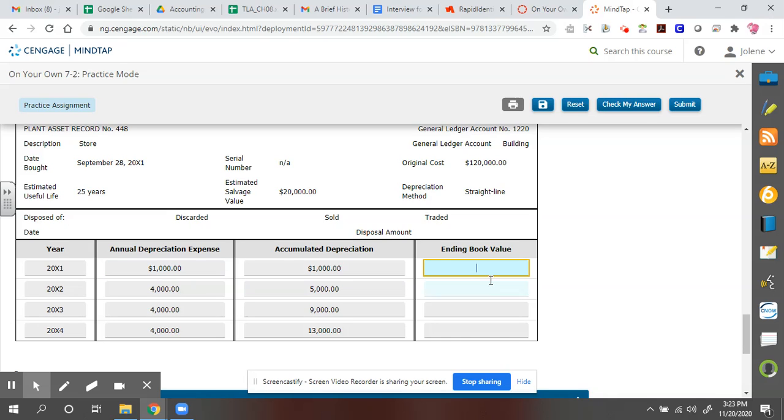We take $1,000 off, and we take $4,000 off. Then we take another 4,000 off. And we take another 4,000 off. And there's the asset record for the store.